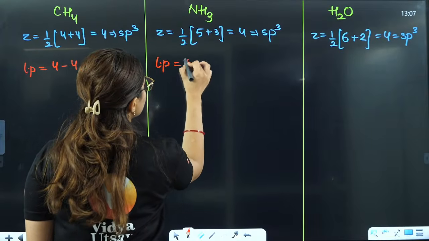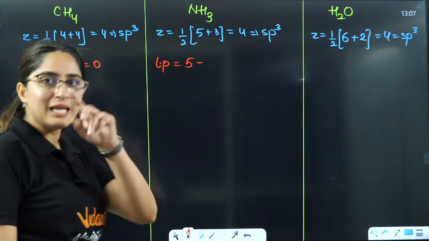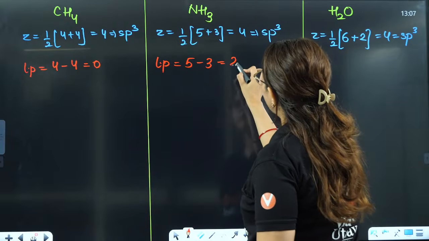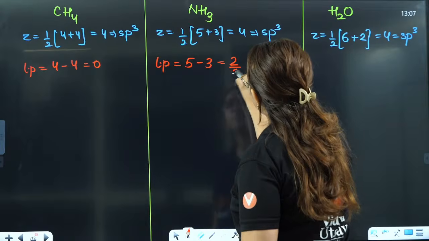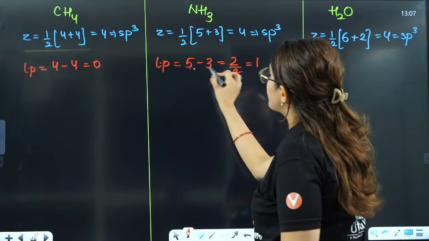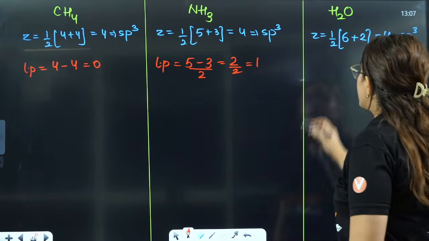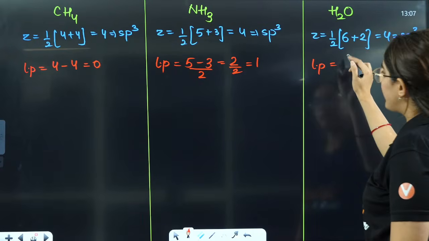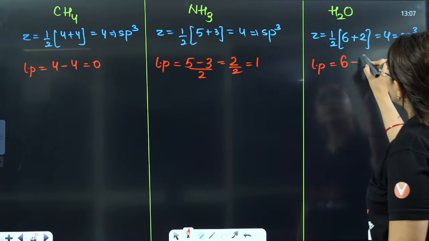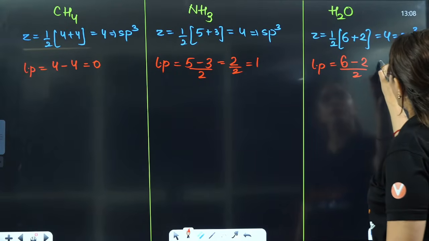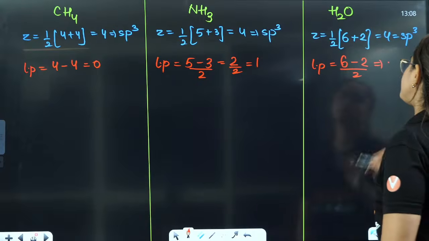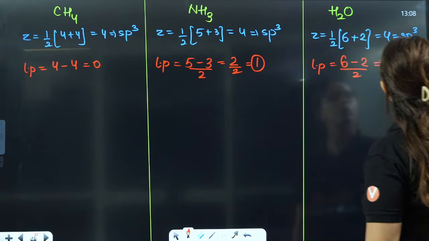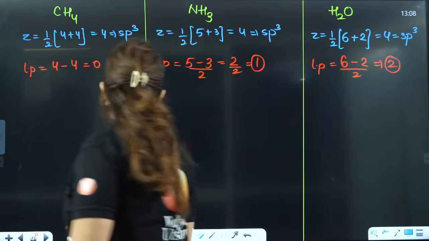Here, valence electrons are 5, and it is forming 3 bonds with hydrogen, so the answer will be 2, so the lone pair is 2 by 2, that is 1. That means 1 lone pair is there. Here valence electrons are 6, out of which it is forming 2 bonds, so 4 by 2 is 2. So here the lone pair is 1, here the lone pair is 2, and here the lone pair is 0.